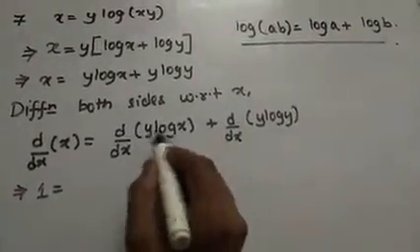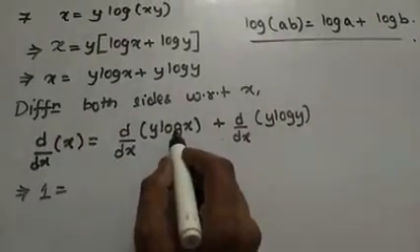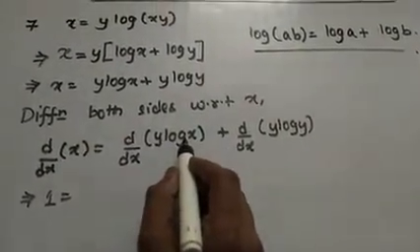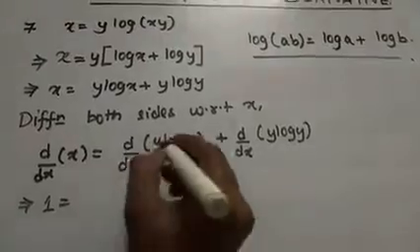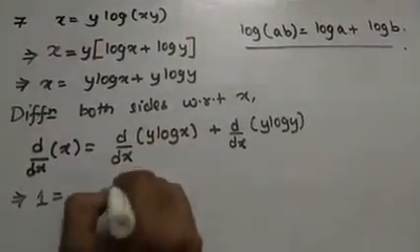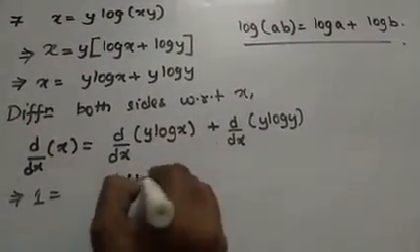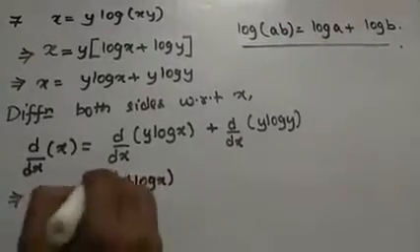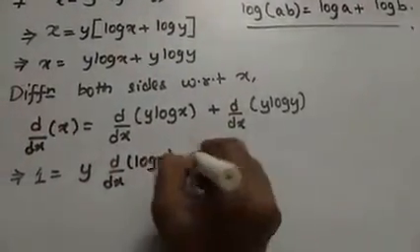Now here y and log x are two functions in the form of multiplication, so we are going to use the product rule. Product rule means at a time only one function is going to be differentiated and the other will remain out of the derivative.